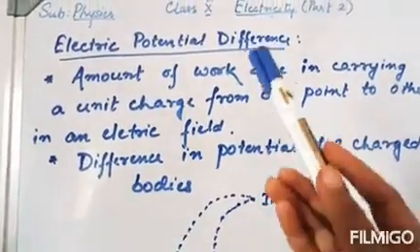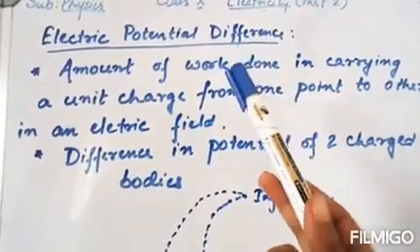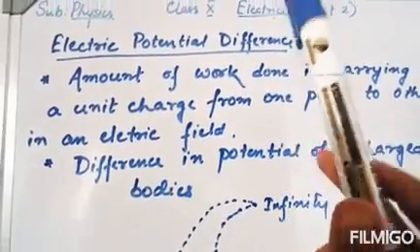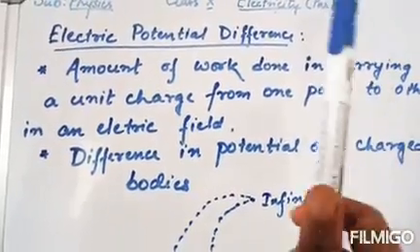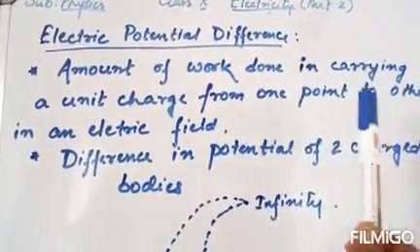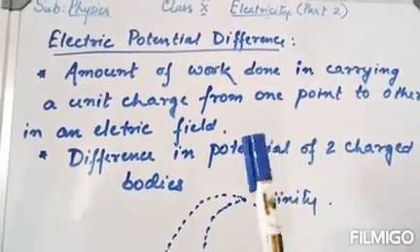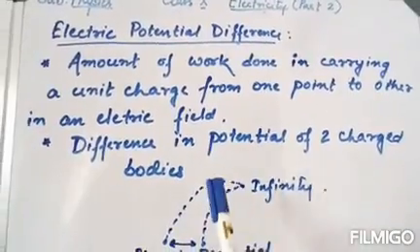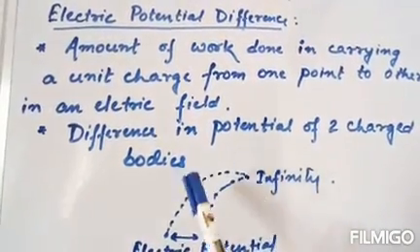Next we have electric potential difference. Before, we were talking about potential. Potential means the capacity of doing work, and potential difference means the amount of work done in carrying a unit charge from one point to another in an electric field. Now suppose there are two charged bodies and we are bringing them from infinity to some point.